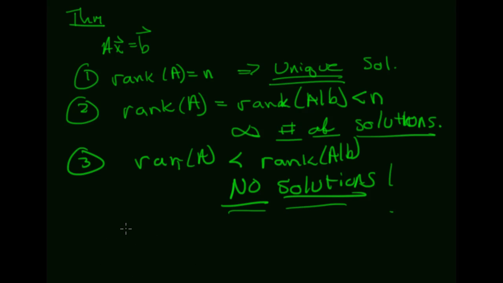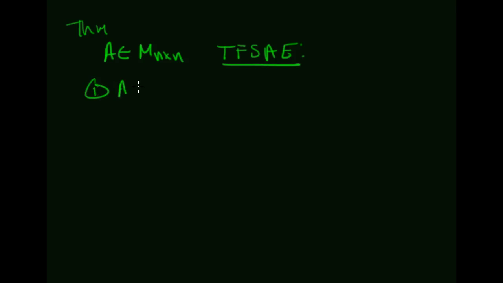Okay, so the other summary theorem I want to do is go back to that idea of equivalent statements of square matrices, because we have more now. Okay, so let's say that A is a square matrix, n by n. Then the following statements are equivalent. 1, A is invertible.